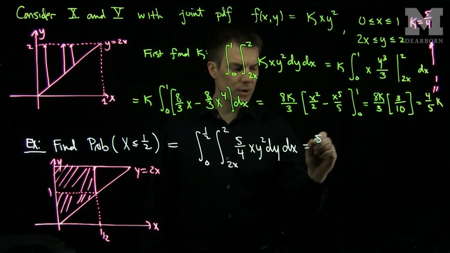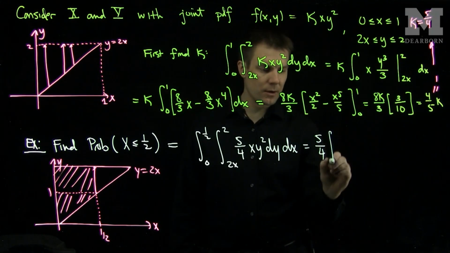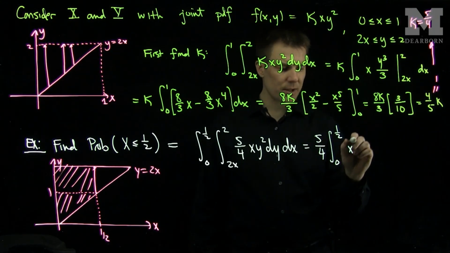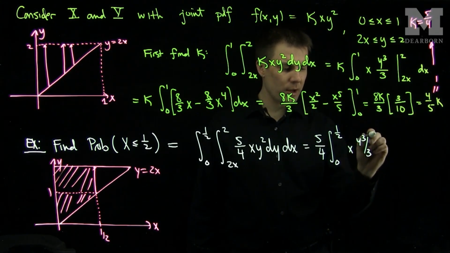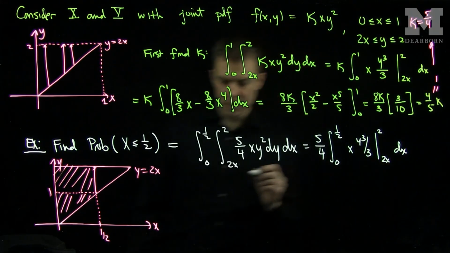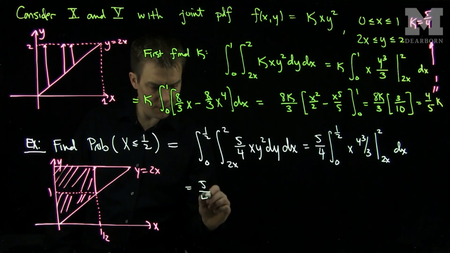So that 5/4 will come out. Then I'll have the integral from 0 to 1/2, and then I'll have an x and then y cubed over 3 from 2x up to 2, dx.